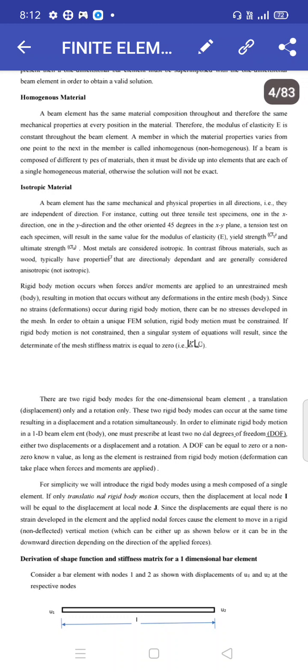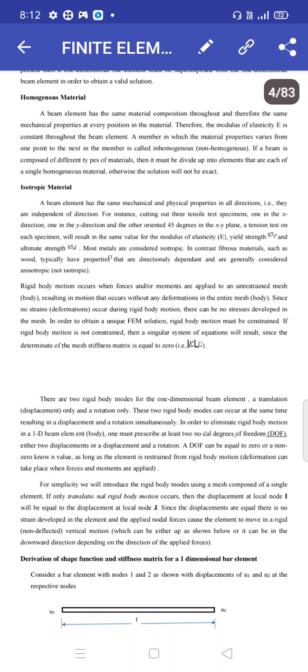A member in which the material properties vary from one point to the next in the member is called inhomogeneous. If a beam is composed of different types of material, then it must be divided up into elements, each of a single homogeneous material. Otherwise, the solution will not be exact.